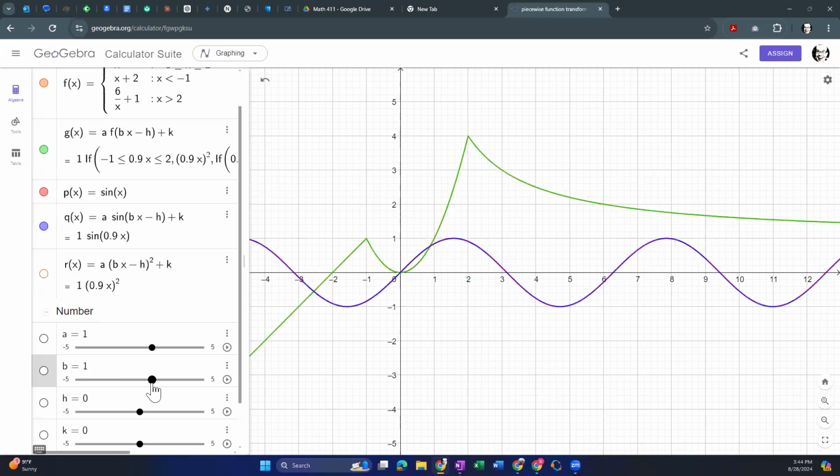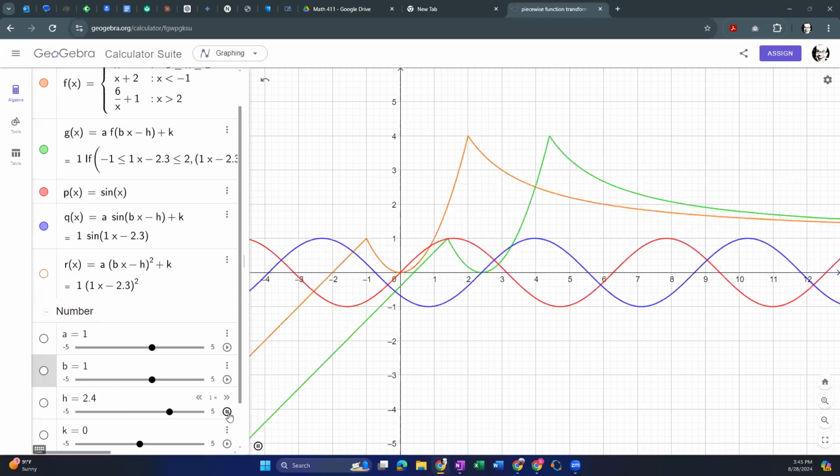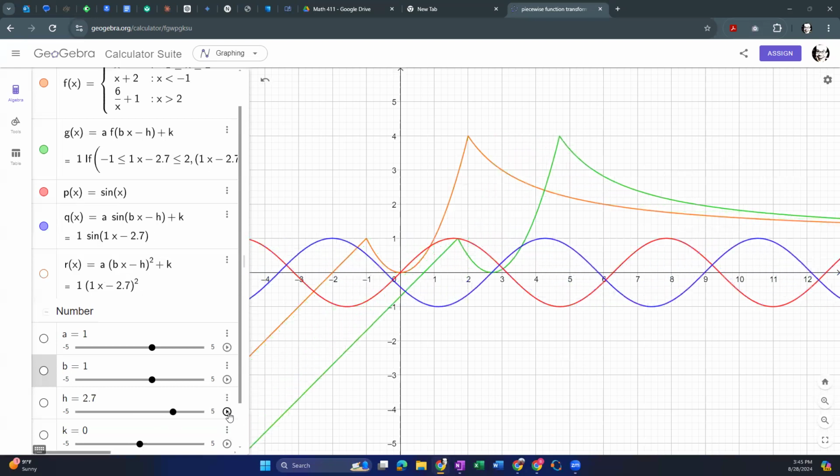Okay. h is on the inside of the function, and I put a minus h here. That's because when we go to positive values of h, it induces a rightward shift.